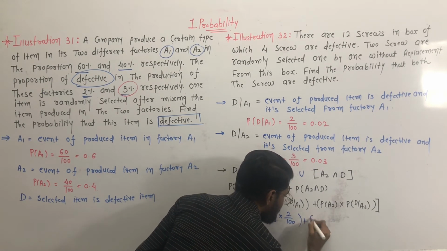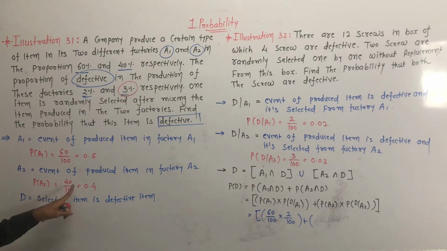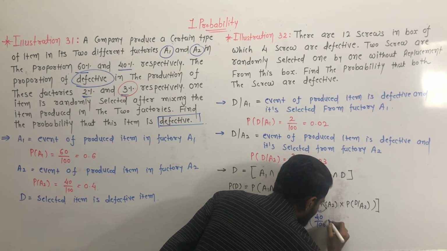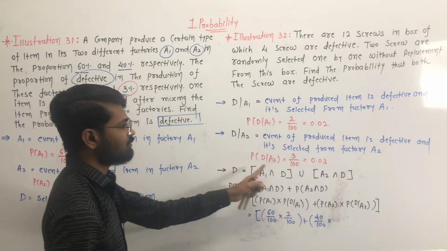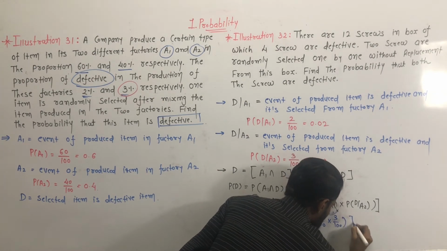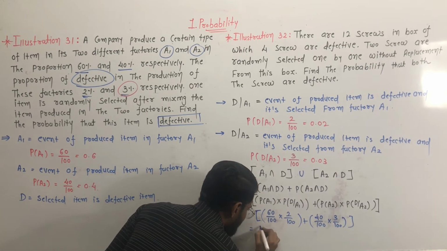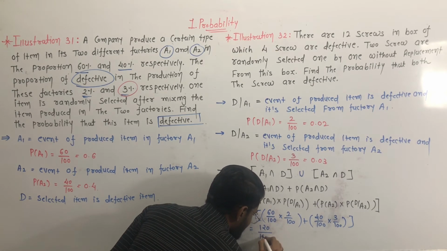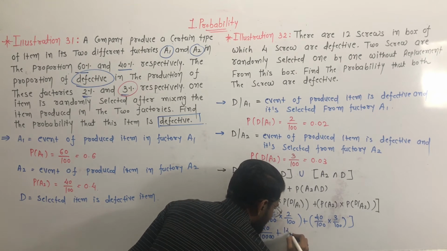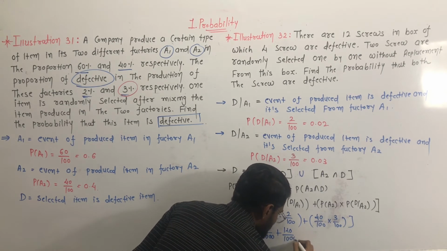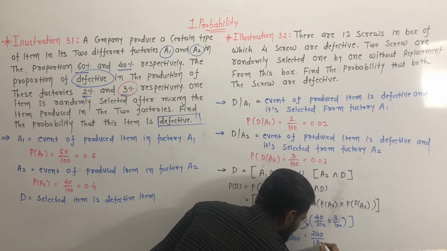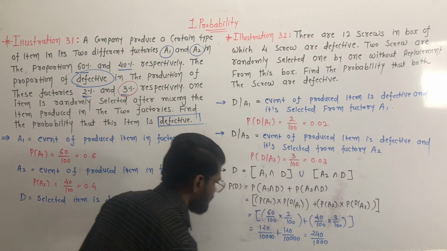Now plus P of A2. P of A2 is equal to 40 by 100, multiplied by P of D by A2, which is equal to 3 by 100. Okay, calculate it. Simple. Then 120 upon 10,000 plus 120 upon 10,000. Yes, so our answer is 240 upon 10,000. Yes, clear?